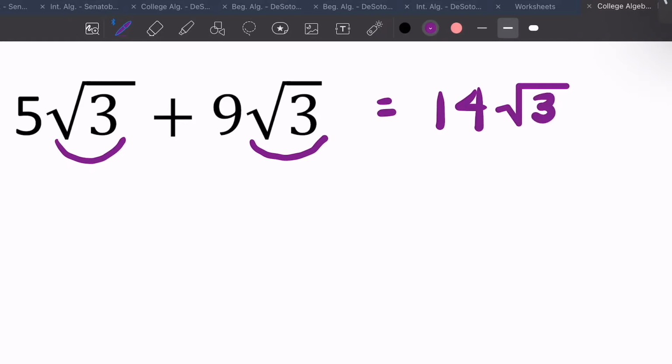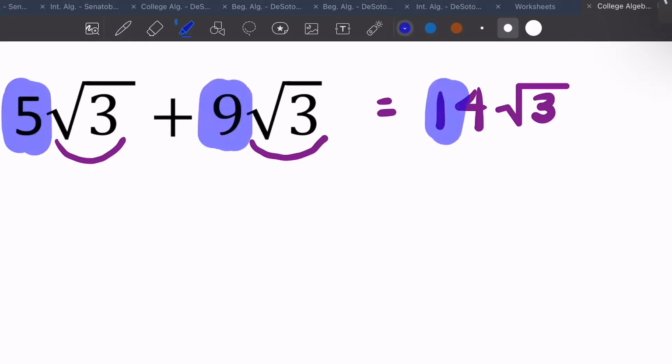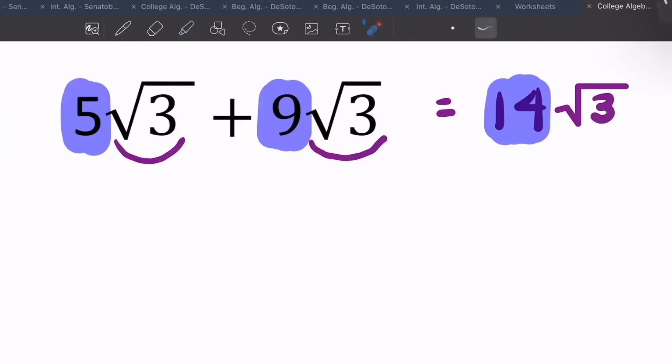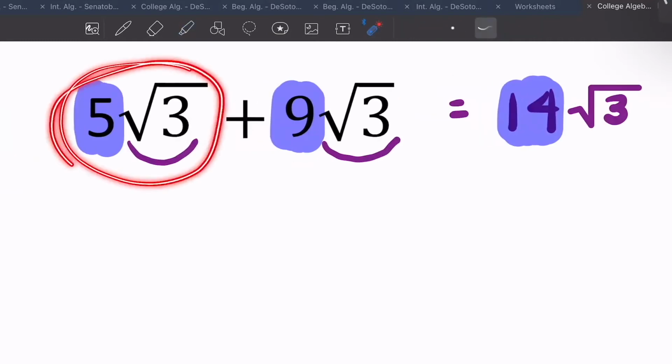Okay, so we added, once again, our numbers. Okay, we did not add 3 and 3 and get 6 because the fact that we had square roots of 3's didn't change. We just have more. So I had 5 square roots of 3, right, in my possession.